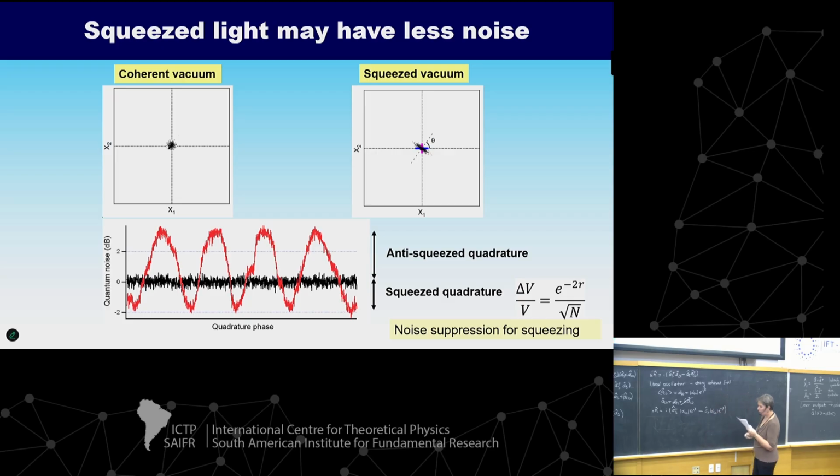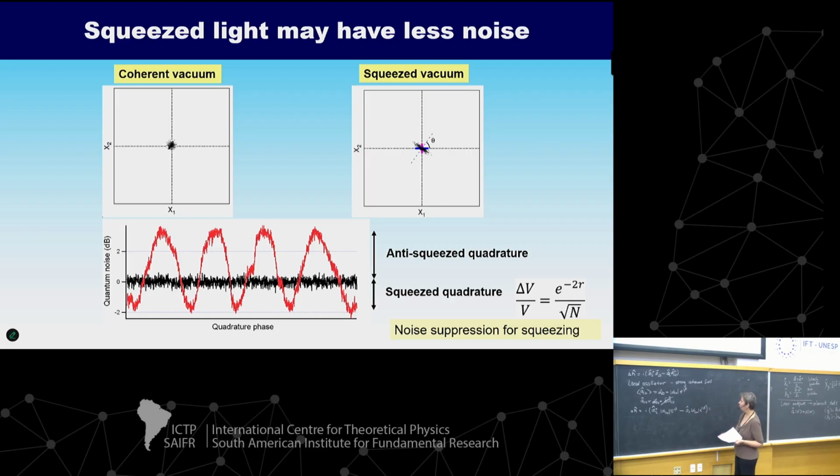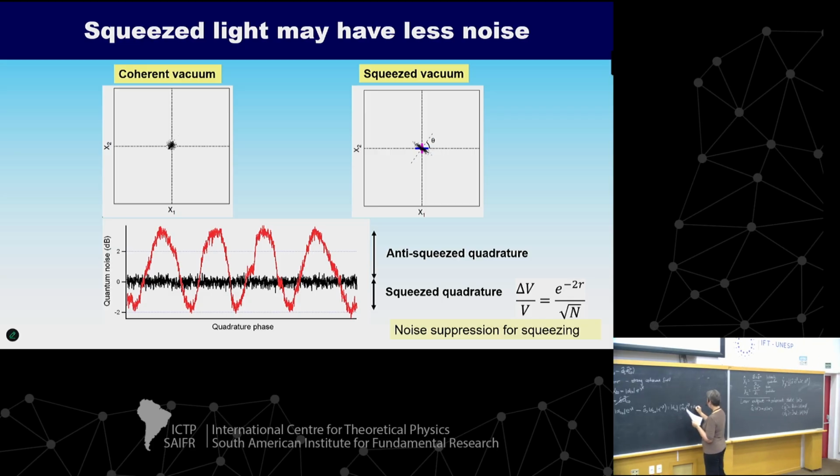Since the local oscillator amplitude is just a number, I can write it down as A_S e to the minus i chi plus A_S dagger e to the i chi. Okay?